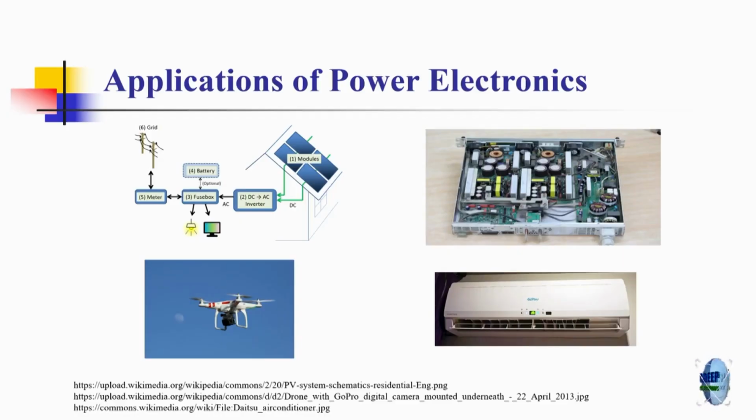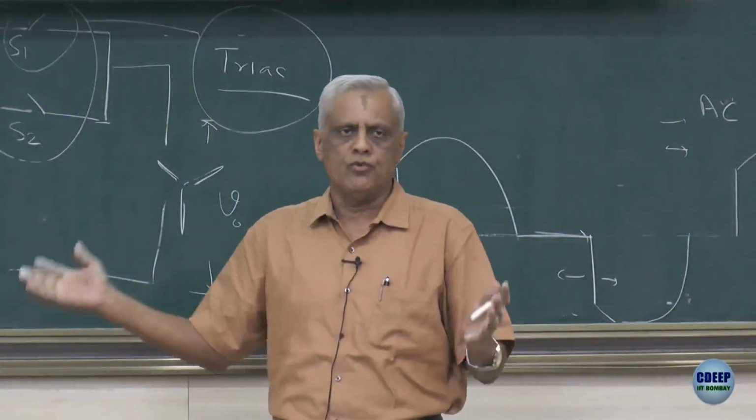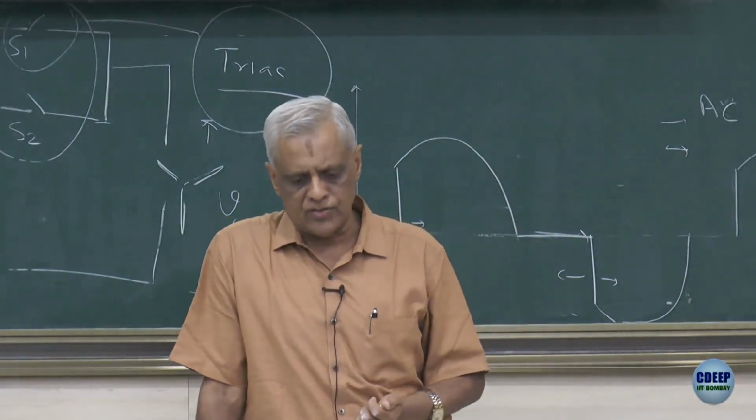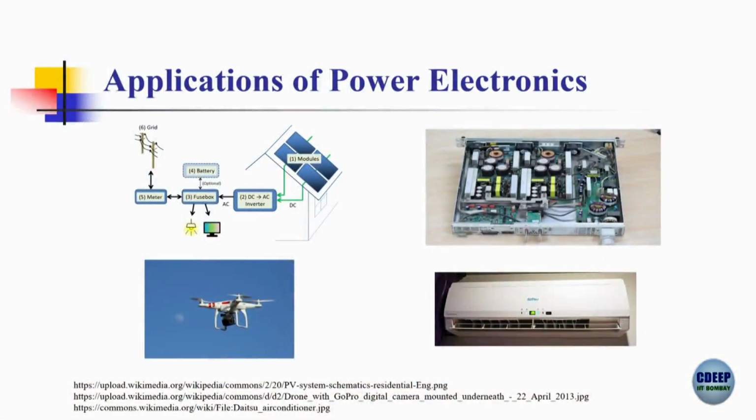Okay, so these are some of the applications of power electronics, having seen the basic converters, the four. They cover a very wide range of applications. So what you see on the top, on the left side, is basically a rooftop solar PV system. Lots of people are trying to use these solar PV systems now because there is a crisis of energy.